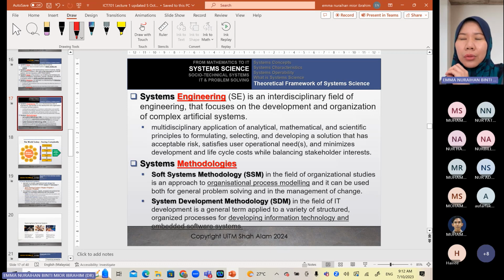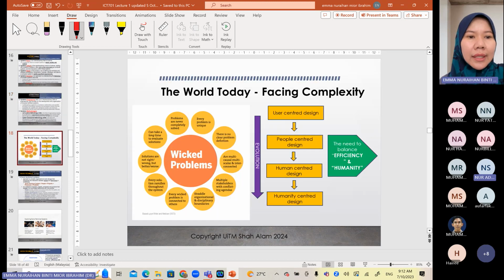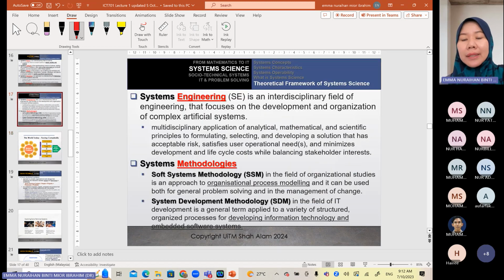You tend to apply mathematical modeling and scientific principles in analyzing problem situations. So, system methodologies: you have all this SDLC, you have learned about all that, but that is on product development. When it comes to problem solving, you will be introduced to soft system methodology, because soft system methodology is also part of system methodology.